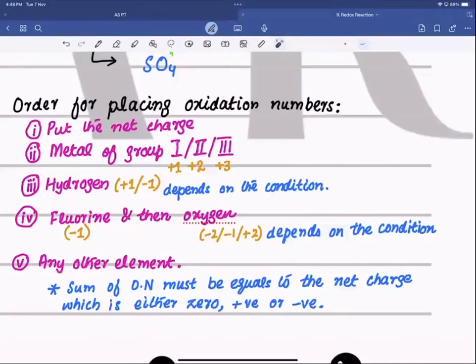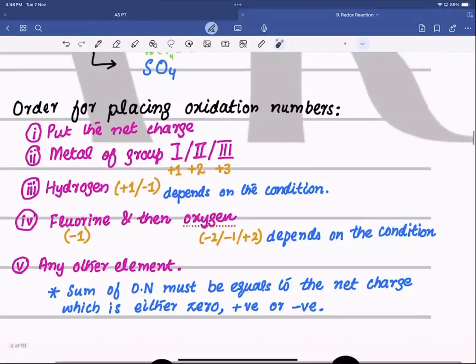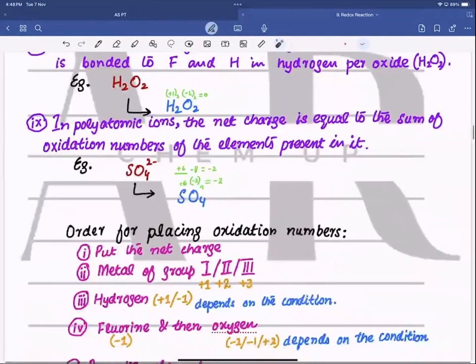Sir, can you please give any example related to the last point? Any other element? The last point of this one, the polyatomic ions?